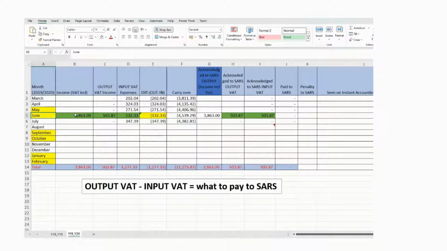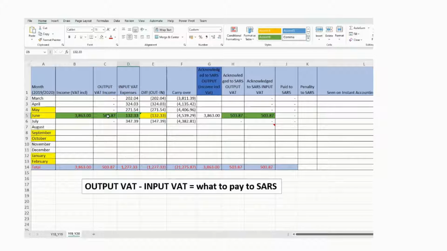In June, I render a service valued at 3,863 Rand, and that is inclusive of VAT. And the VAT amount is 503. And in that month, I only had an input VAT of 132 Rand.